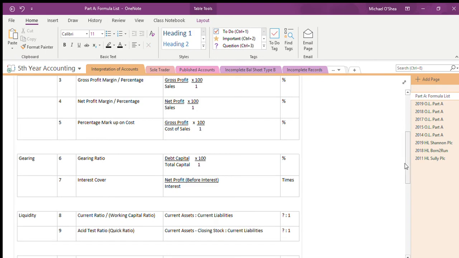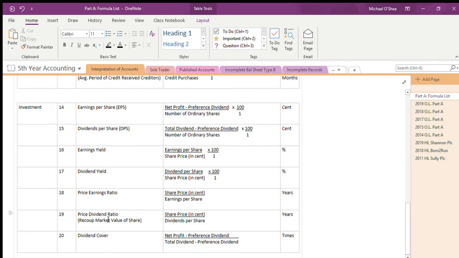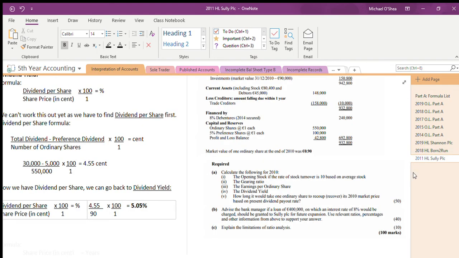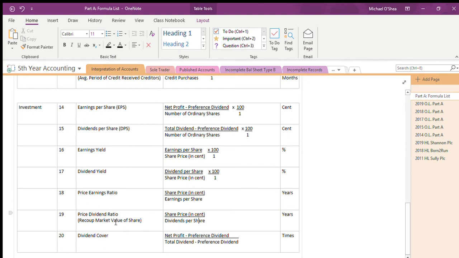So the formula we're looking for here is my price dividend ratio. I put into brackets here, recoup market value of share. My price dividend ratio is share price in cent divided by dividend per share, which I've already worked out. It's the recouping of the market value of a share.